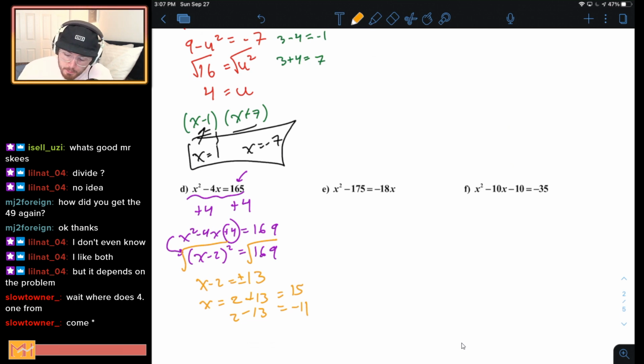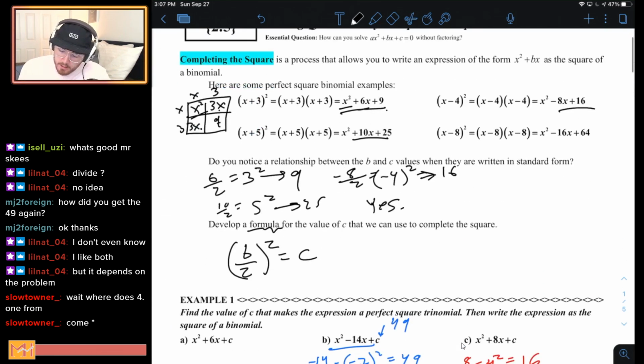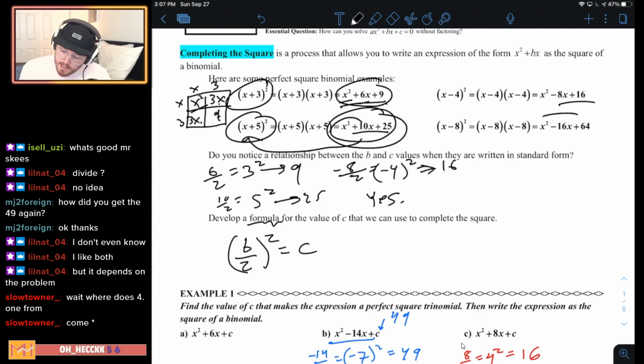We're still doing the b over 2 idea. So the act of completing the square, the pattern. So why is this, right? This and this are the same thing. This and this are the same thing. This and this are the same thing. So what is so special about this number, 25? Because it's b over 2 squared.